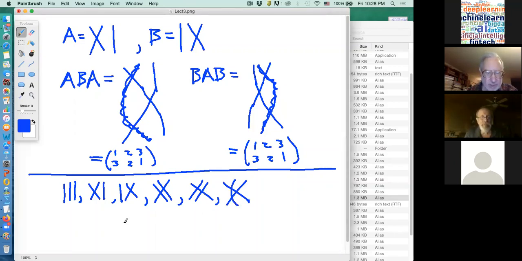Those are the 6. And this is BA, and this is AB, and this one is ABA, as you see. And that's a complete catalog for the symmetric group on 3 letters.